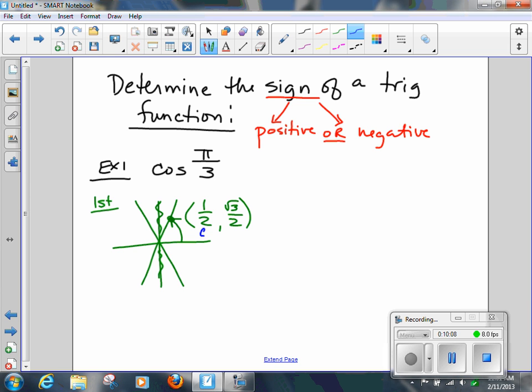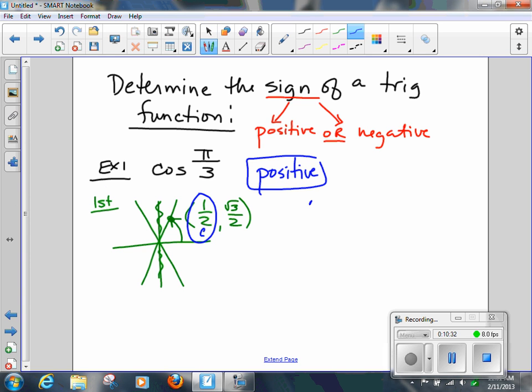The sine is what? Root 3 over 2. Positive. Do you guys agree with that? Yeah? Now, is that going into a lot of detail? Yes, it is. That's a bunch of details. I don't even need that much information.